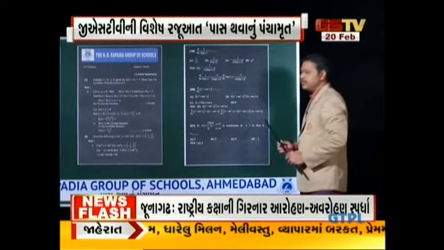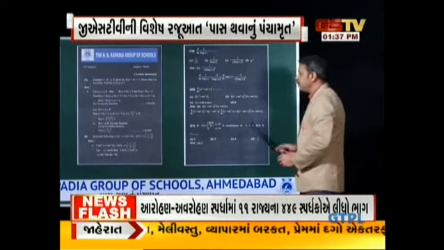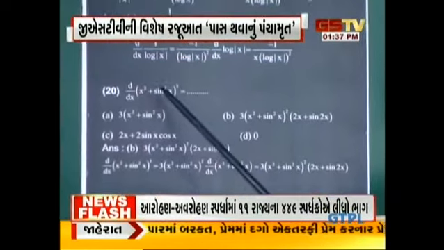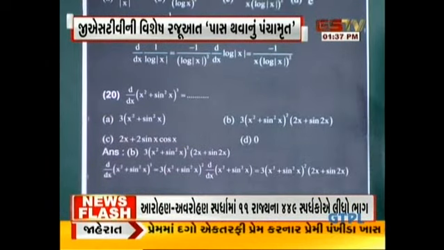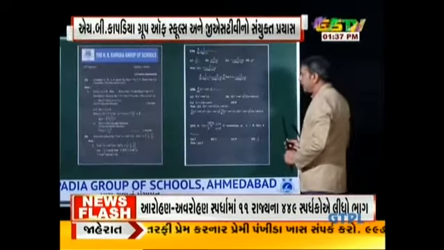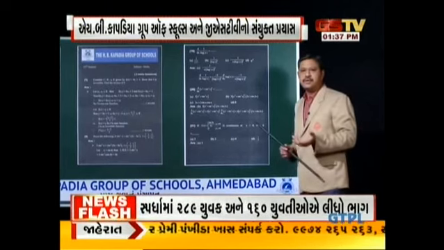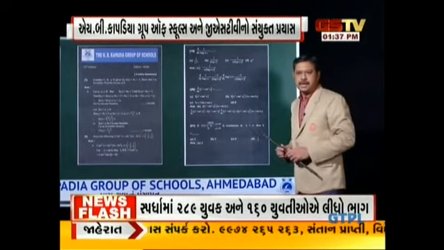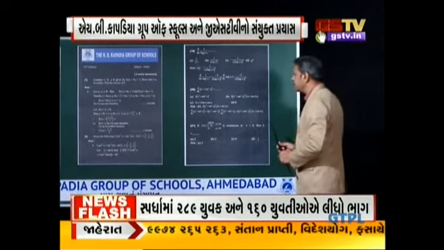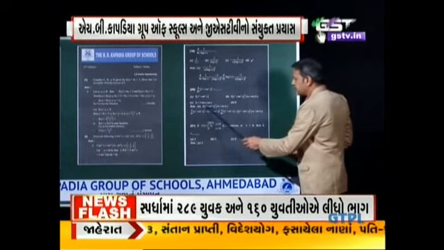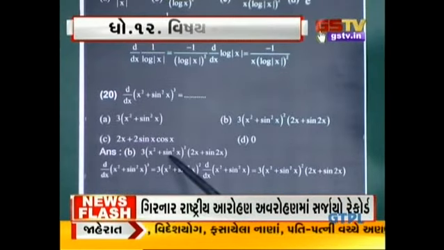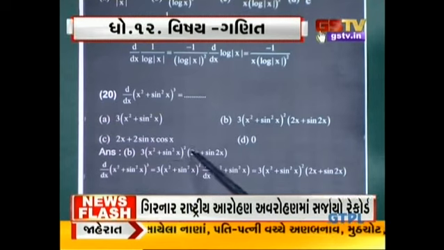Next question is based on chain rule, d by dx of x square plus sine square x raised to power 3. Derivative of x cube, first we have to apply result in x cube derivative. So x cube derivative is 3x square, so solution 3 into x square plus sine square x power 2.